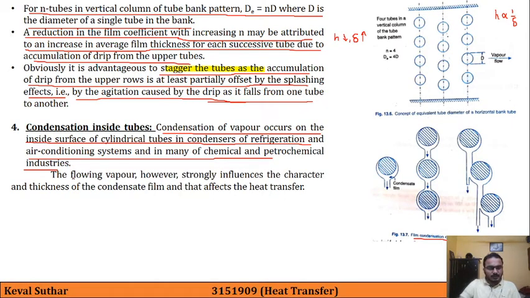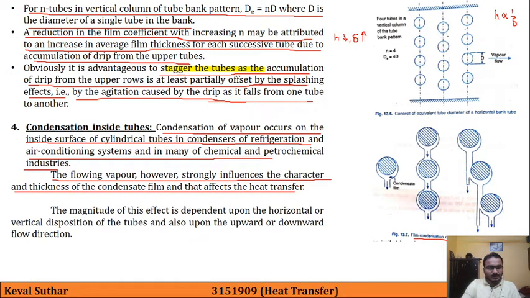The flowing vapor, however, strongly influences the character and thickness of the condensate film that affects the heat transfer. The magnitude of this effect depends upon the horizontal or vertical disposition of the tubes and also upon the upward or downward flow direction.